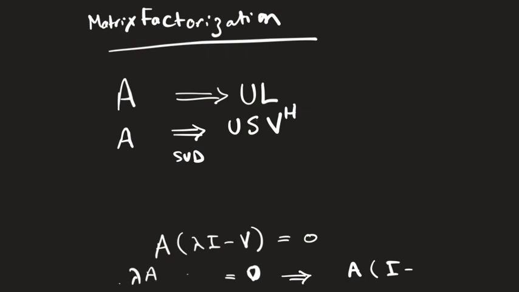A minus lambda I equals 0. I think it's A lambda A minus A V equals 0, right? And then the result of that is that A multiplied by lambda times I minus V is equal to 0. Yes, if I remember correctly.